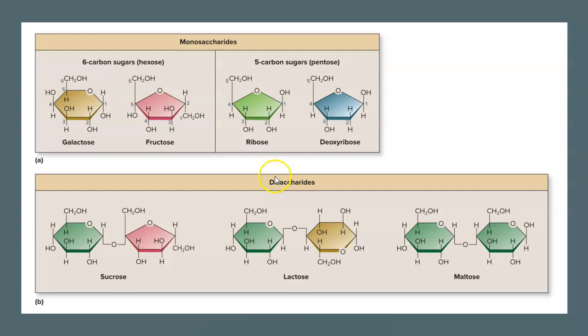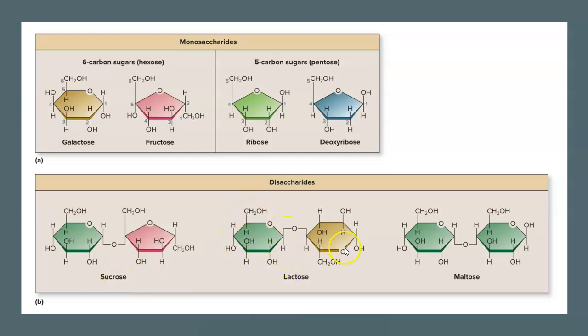Down here, we have disaccharides that are formed when we create a chemical bond between 2 monosaccharides. So if you look up here, the red is the fructose, the green is the ribose. There we have those 2, and oops, I'm sorry, that's a glucose. So we hook it together and we make sucrose.